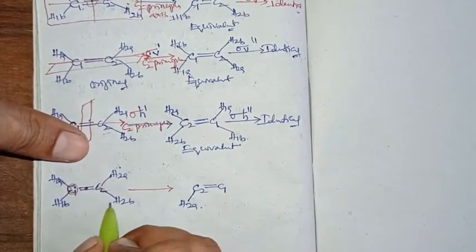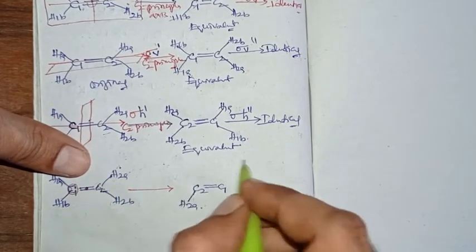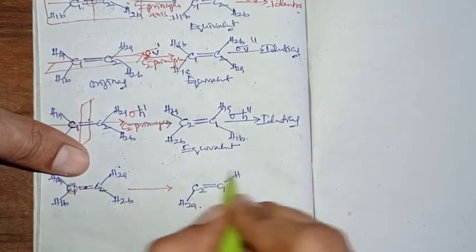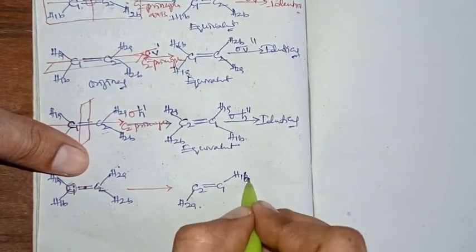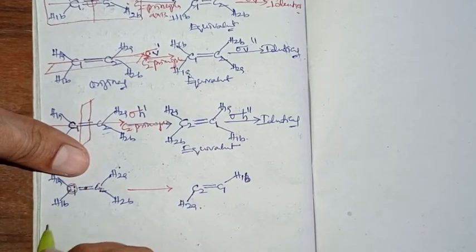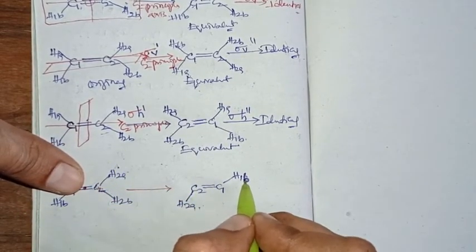And same to that, when we invert the H1B position, it reaches the H2A position, right? H1B is in the left side in down. When it is inverted, it will go to the right and top, like this, right?